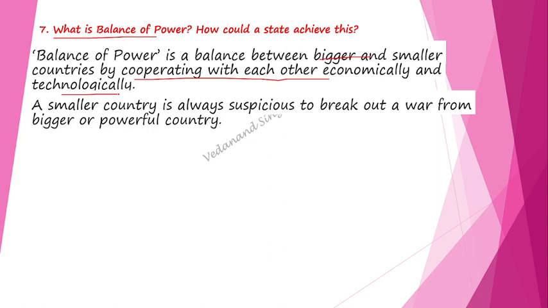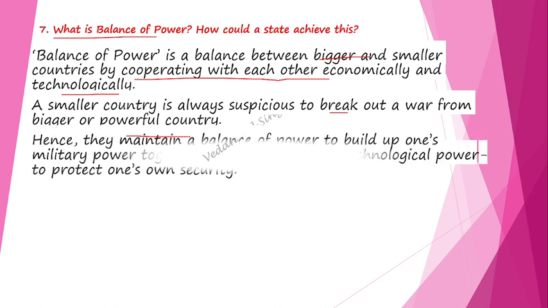If a small country requires technology, the bigger country provides it. Along with this, they also support that country economically, and a smaller country is always suspicious that a war may break out from the bigger, more powerful country.